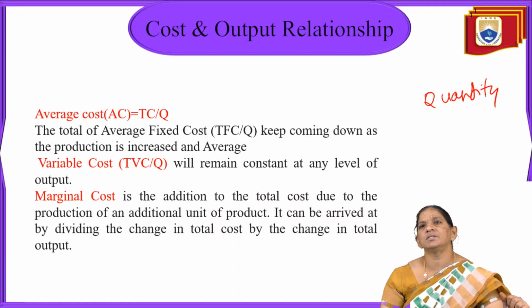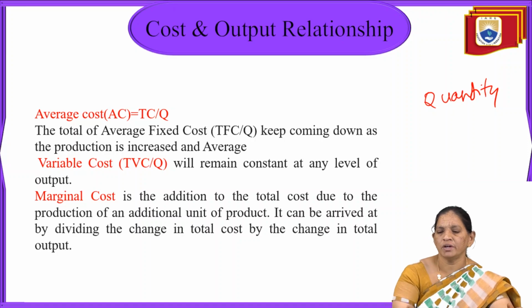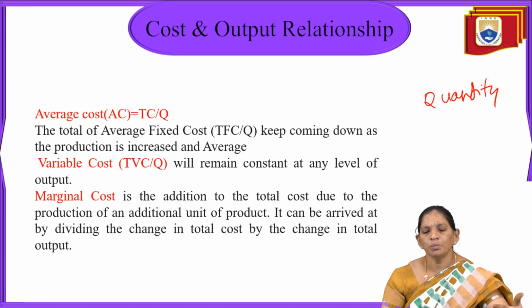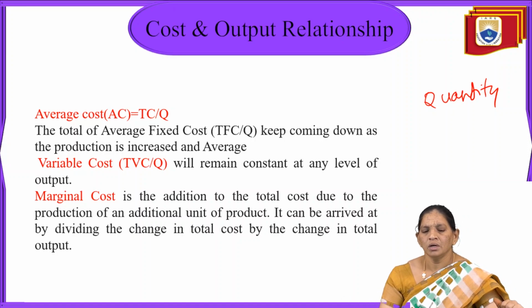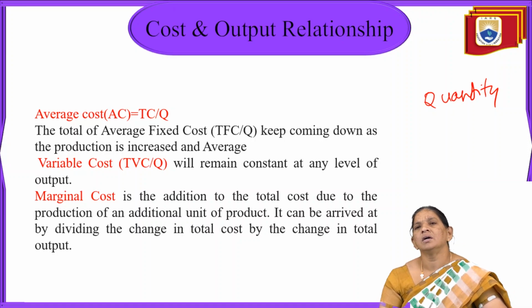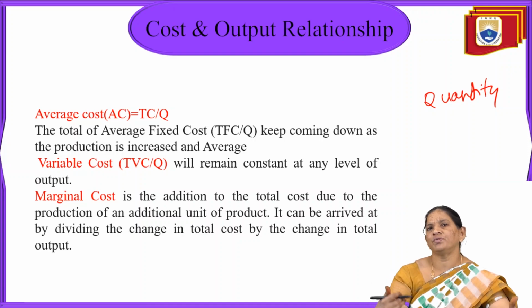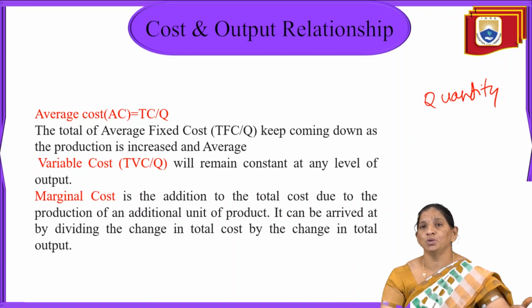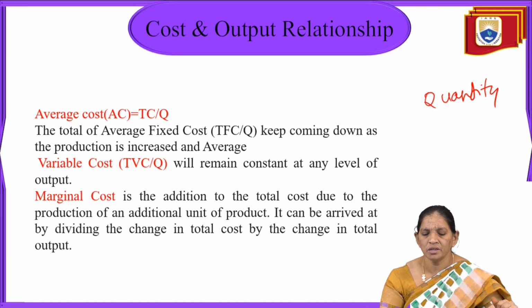The total fixed cost, when divided by the quantity, comes down as production increases; when more units of variable cost are used, the average cost will also increase.